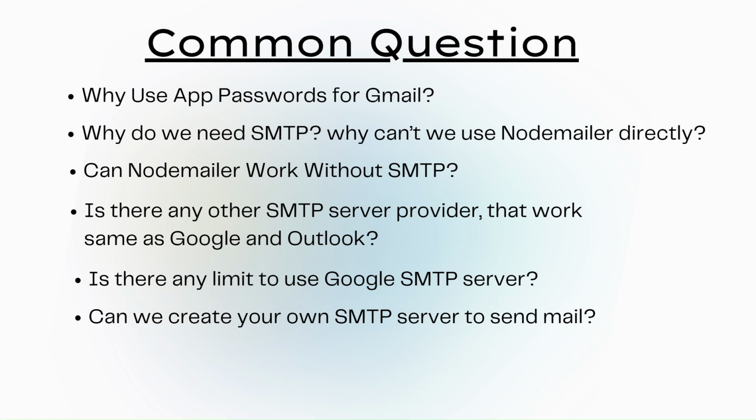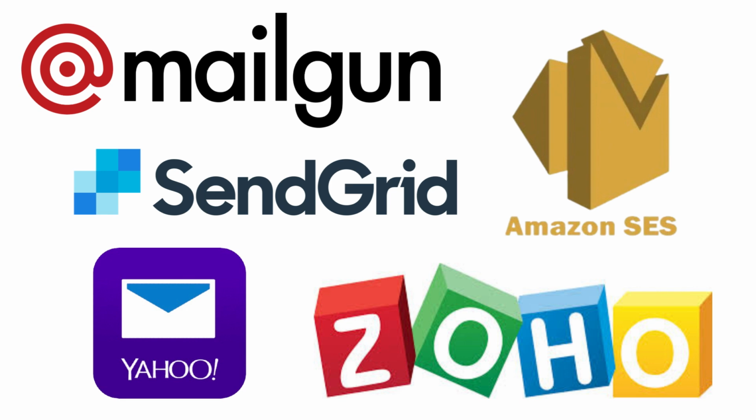Now the fourth question that you might have is, is there any other SMTP server provider that works the same as Google and Outlook? The answer is yes. We have different service providers that work the same as Yahoo, Outlook and Google. So we have Yahoo Mail, which has its own SMTP server, smtp.mail.yahoo.com.